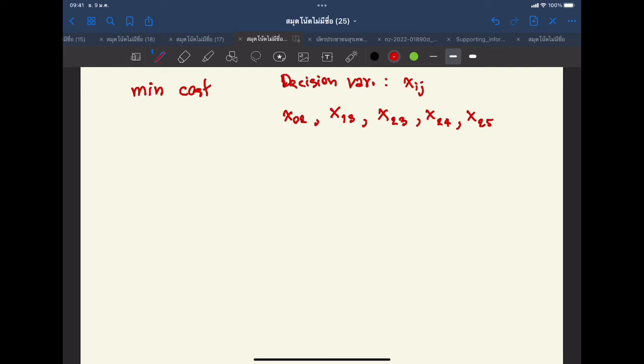But now we consider only x23, x24, x25 first. And for node 3 what we have: x34 and x37. Okay, and at node 4 we have x42, x45 and x46.